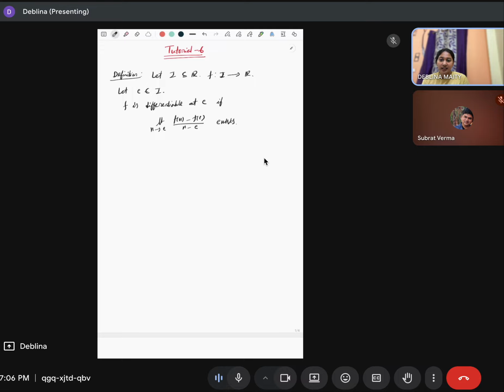Then we'll say that f is differentiable at c, and we write this limit as f dash c.